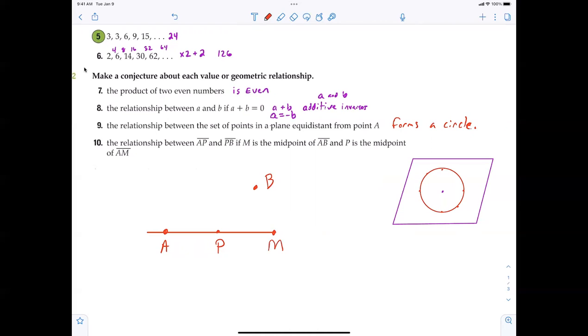Then it says M is the midpoint of AB. So now does that mean that B is on the same line? That means that it's on the same line. So now I have to extend this out. And I have to put B far enough away that M is the midpoint of AB.